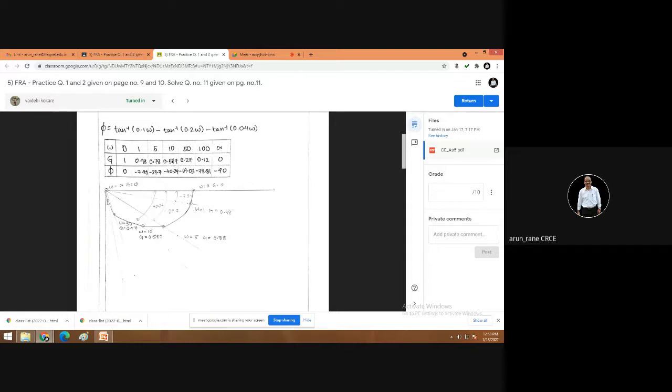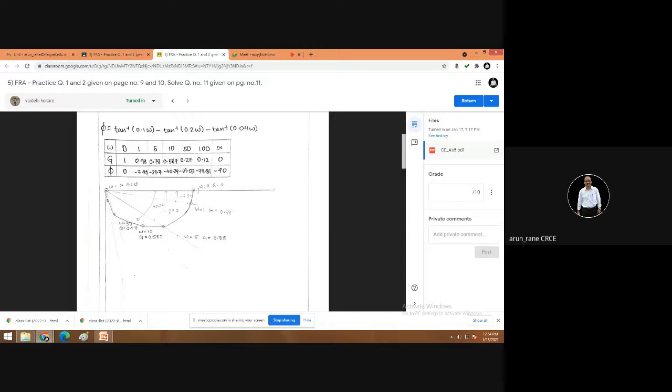Every point has to be written. Here G is 0.12, from here to here 0.12, and you must write omega is 100 and G is 0.12.